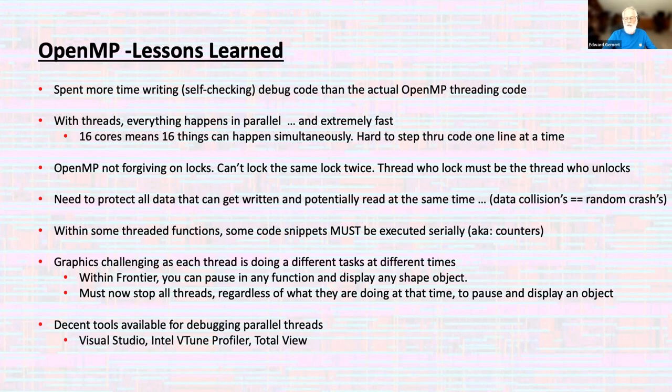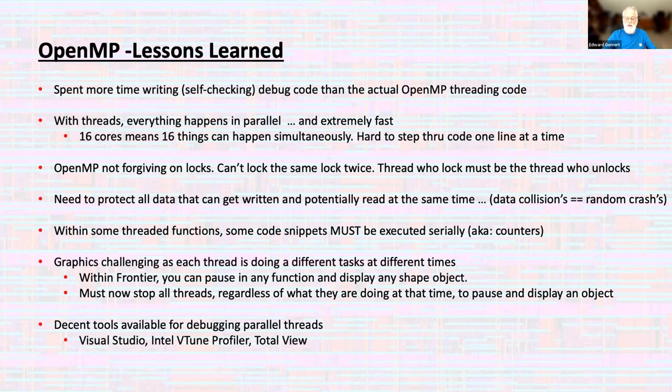It's going to end up in collisions, crashes, bad data, unknown data down the road. That's why we spent a lot of time writing the self-checking. Within some threaded functions, some code snippets must be executed serially, like a counter, for instance. You wouldn't want to go 1, 2, 3, or 1, 2, 1, 2, 3. So you got to protect on that.